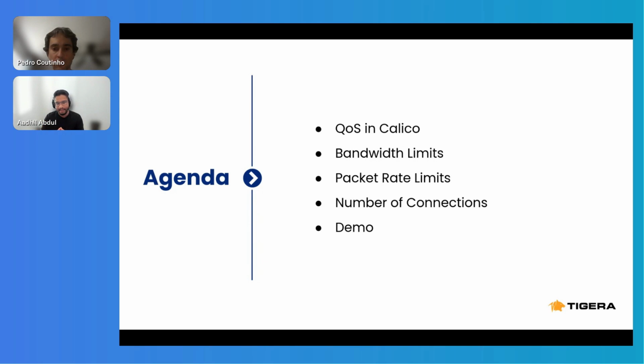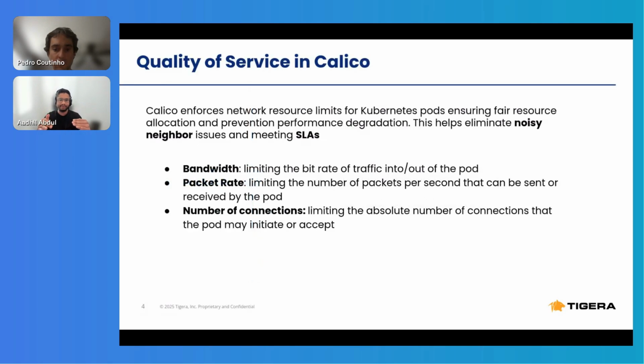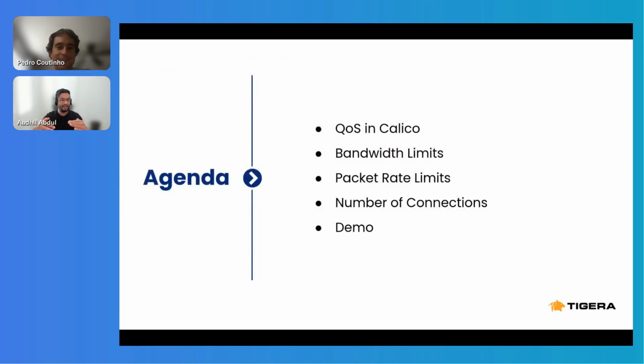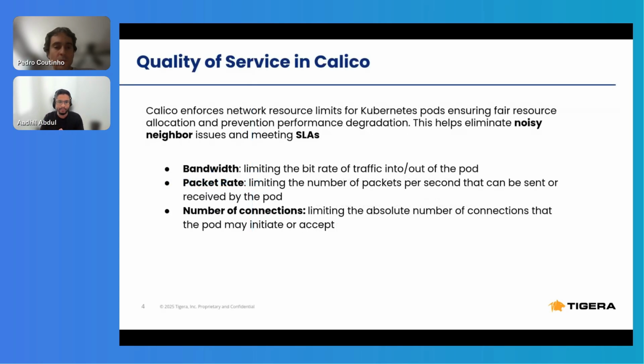Okay. And then for each of the controls, bandwidth, packet rate limits, and number of connections, Pedro will do a demo that highlights how these controls can be configured and deployed in your Kubernetes environments. Okay. So let's look at QoS in Calico.